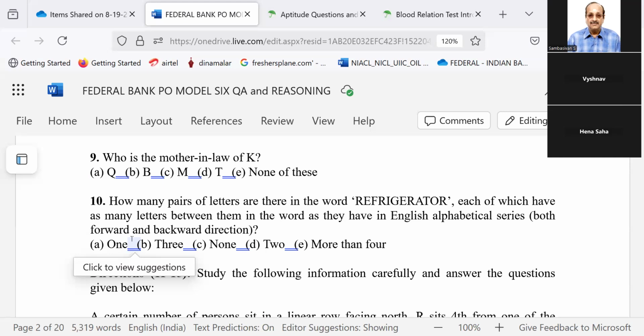You have done it? Just keep the answer, later come. Sir, respiration or respirator, generation, what can be possible from this refrigerator?